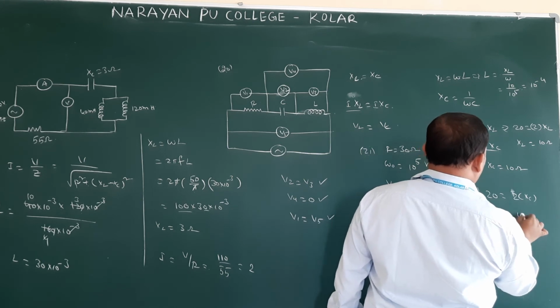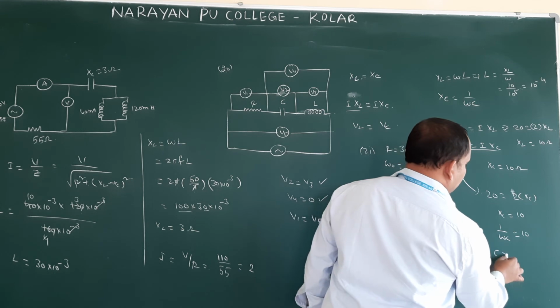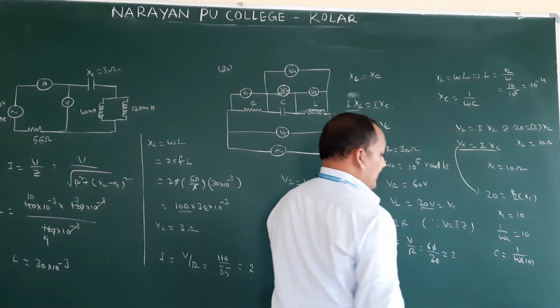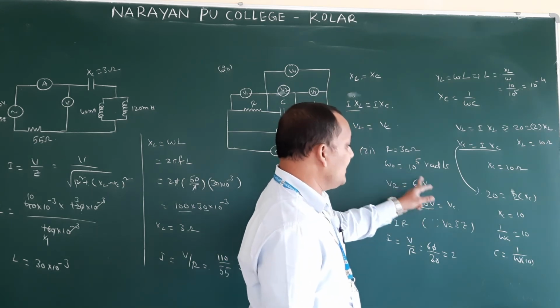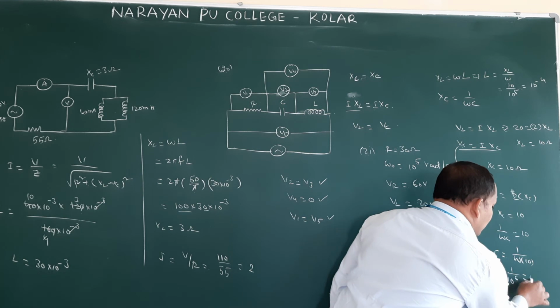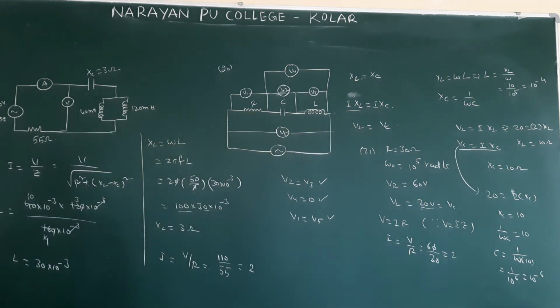Then XC is equal to 10. 1 by omega C equal to 10, and C is 1 by omega into 10. Omega value 10 power 5, so 10 power 5 into 10 is 10 power 6. C value 10 power minus 6. But they gave almost 2 microfarad. Therefore second one is not correct.